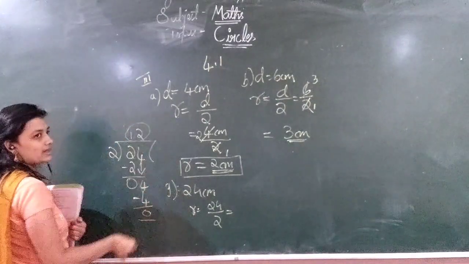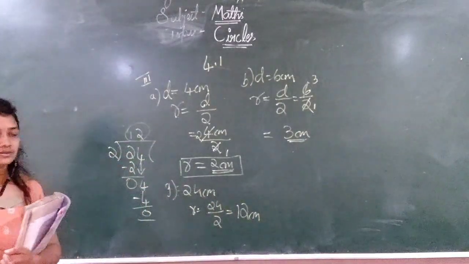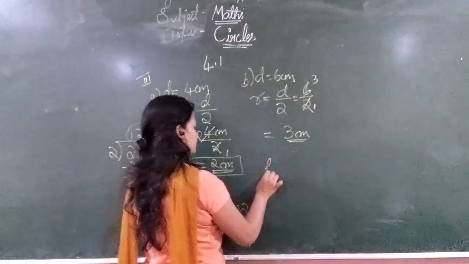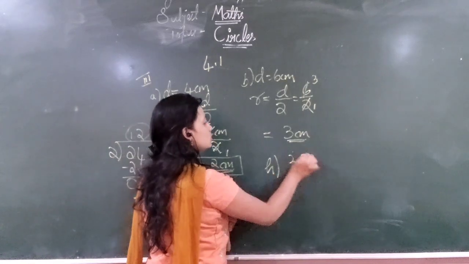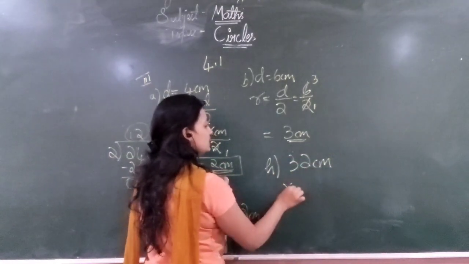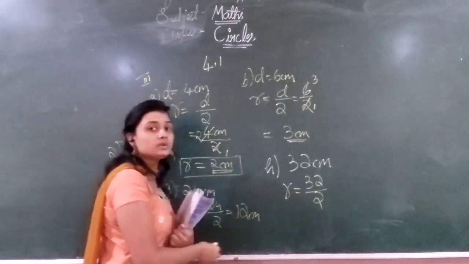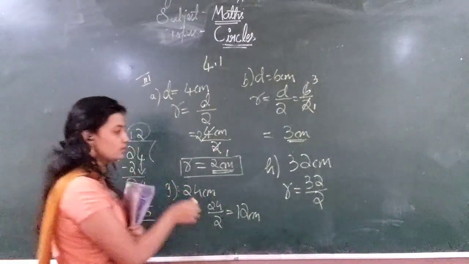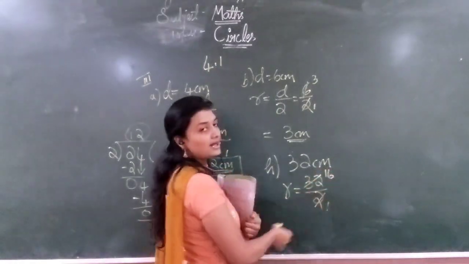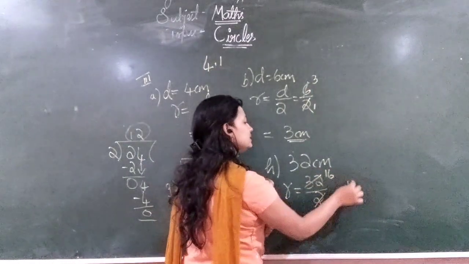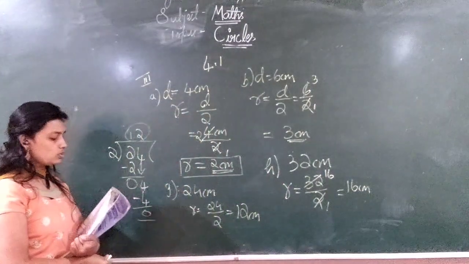So my answer is 12 centimeter. Next, H: 32 centimeter. The radius is half of 32. You can use this method to divide. 2 ones are 2, 2 sixteens are 32. So my answer is 16 centimeter.